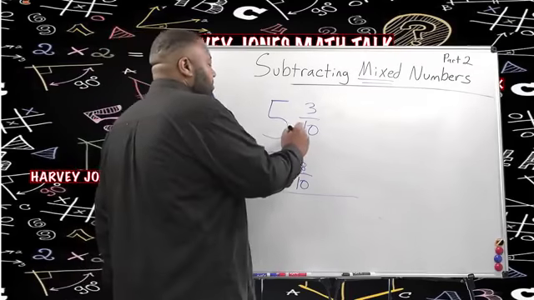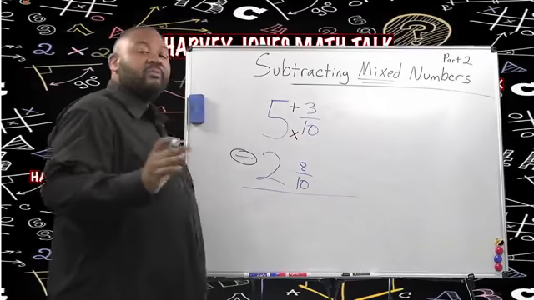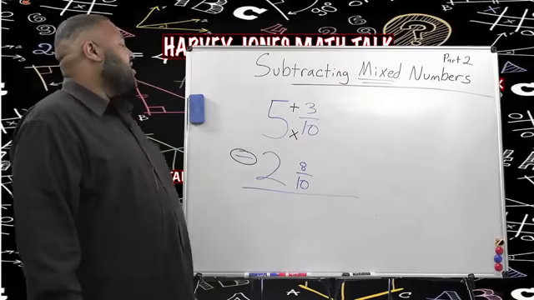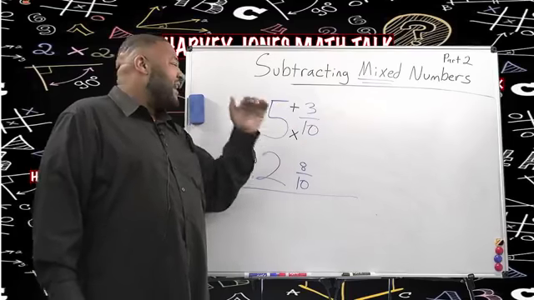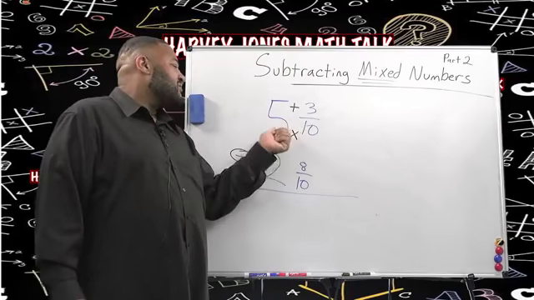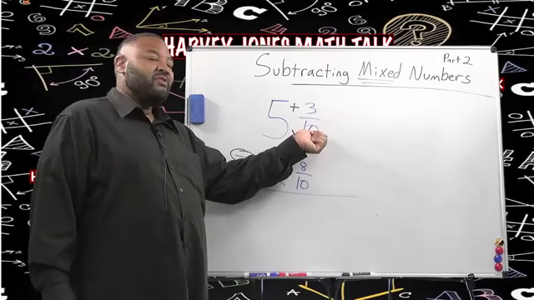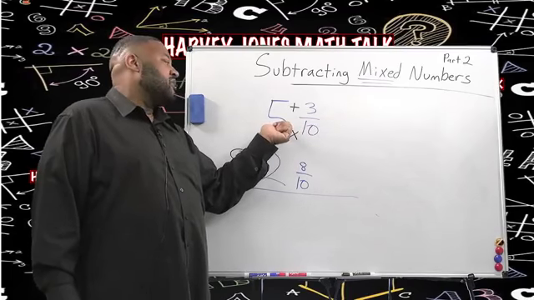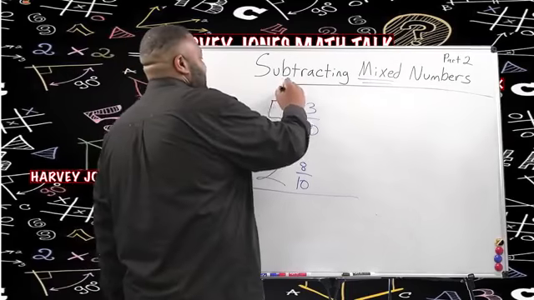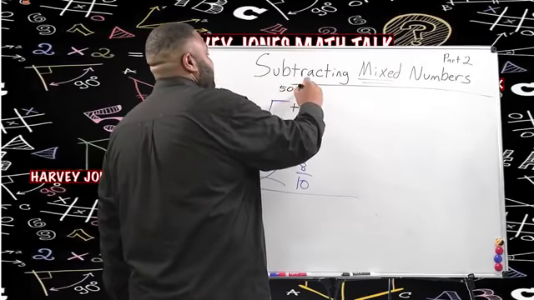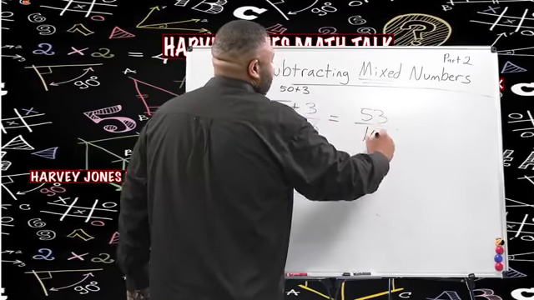What we're going to do: multiply, then you add. Say what? You multiply, then you add. To go from a mixed number to an improper fraction, you first multiply your denominator times your whole number. The whole number is the big number in front. So that's 10 times 5, which is 50, plus 3, which gives us 53 tenths.